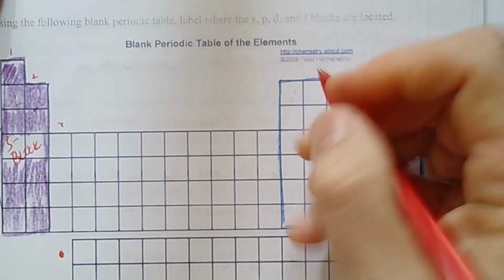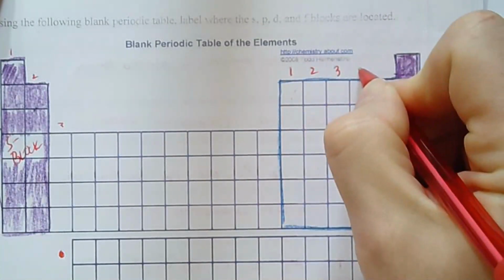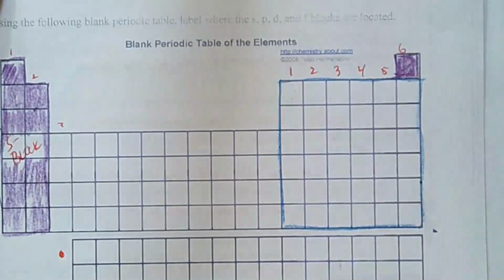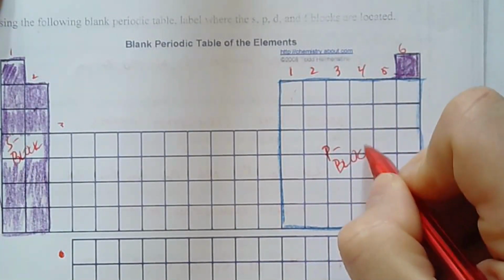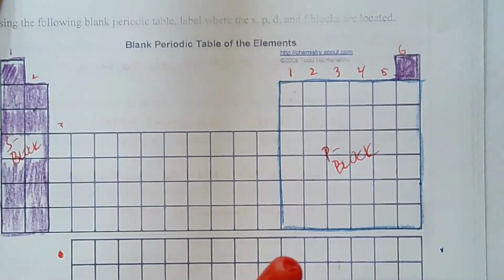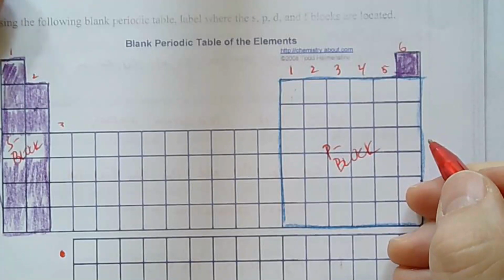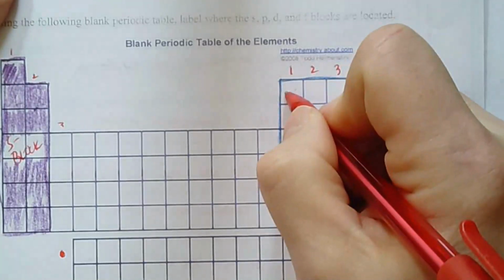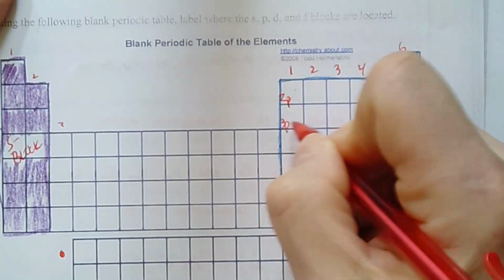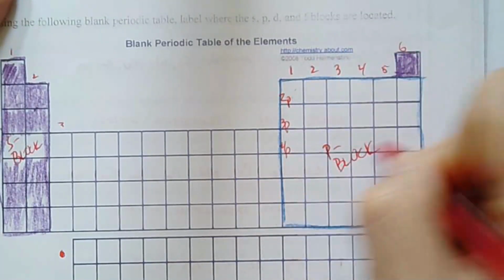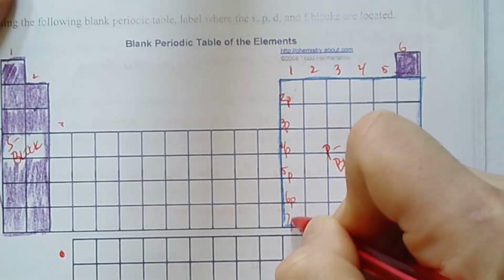So we number across the top here 1, 2, 3, 4, 5, 6. This is referred to as the P block. Just have to remember, what energy level does the P sublevel first show up in? It's 2. So this row would be filling the 2P, this row 3P, 4P, 5P, 6P, and 7P.